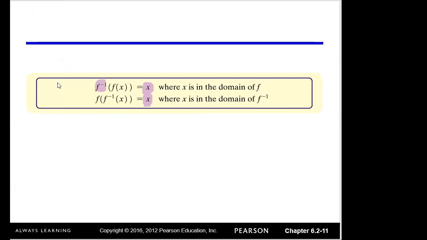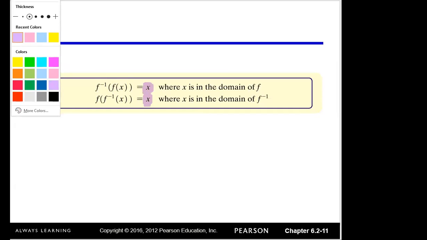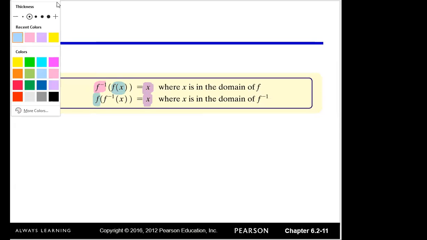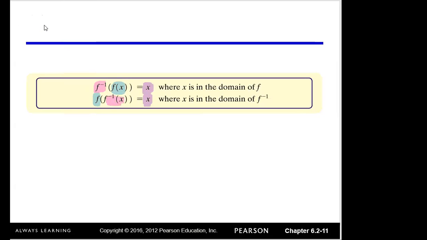So if I do the inverse of f of x, that will equal x. And if I take the function of the inverse, that should also equal x. Composite functions. If they are true inverses of each other, you will always get x when you do it.